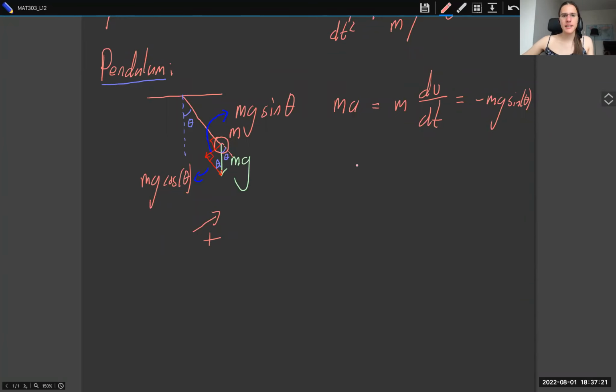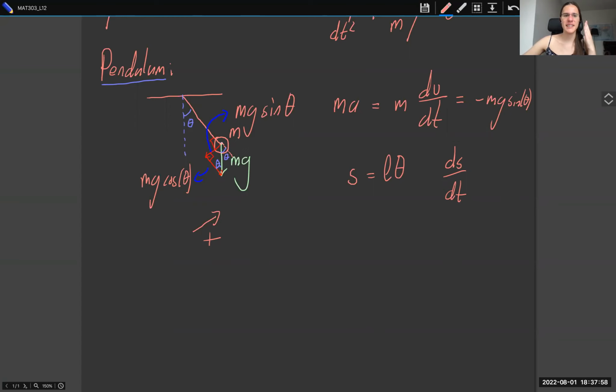Now, what happens is if we think of position along here, then we can think of s as being L theta. The axis is going to change, but then we can think of ds/dt. Let's say s is the distance that you moved along this curved line right here.